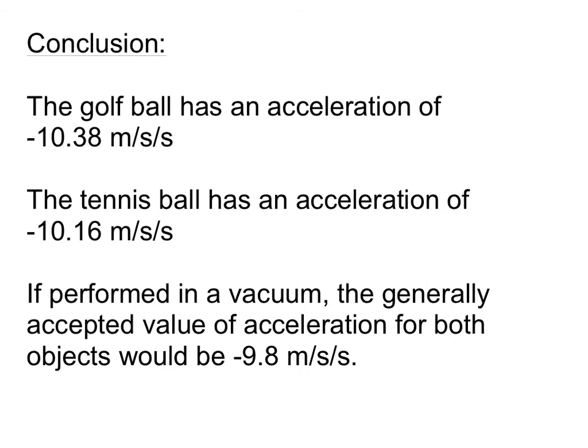Okay, so the conclusion of today's lab, which we did at the end of class, was that we have very similar accelerations for both the golf ball and the tennis ball. They're both in the low tens.